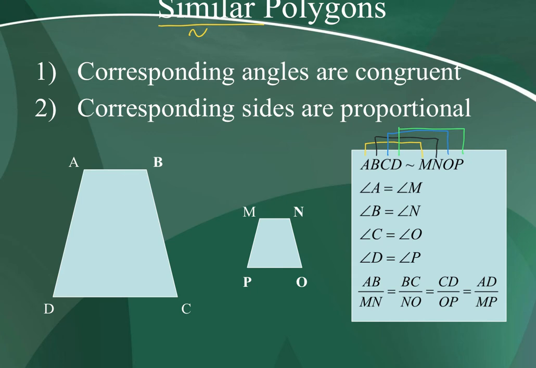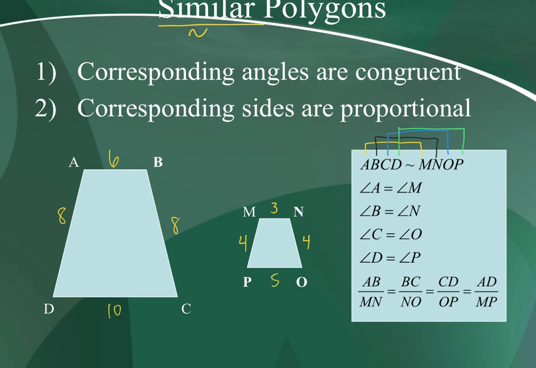Now, let's check it out. Let's say AB was 8, MN was 3, NO was 4, MP was 4, 8, I'm sorry, not 8. AB should be 6. Erase that. AB should be 6. 8, 8, 10, and 5.